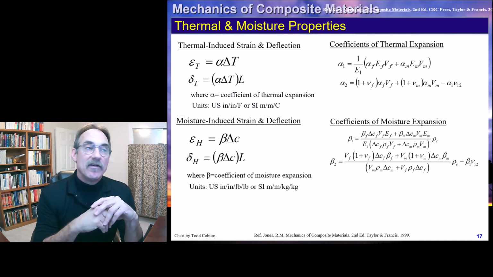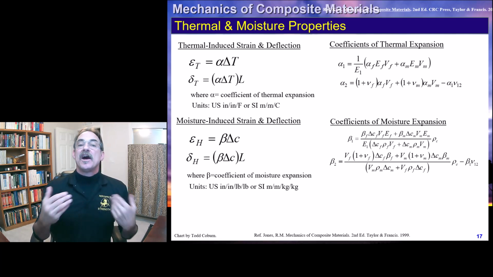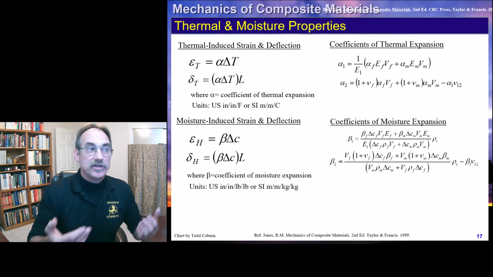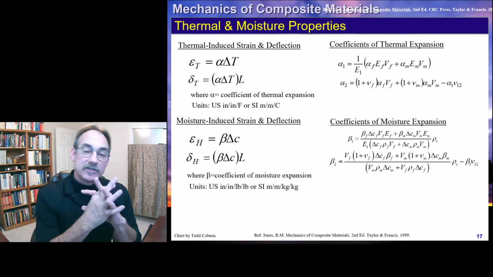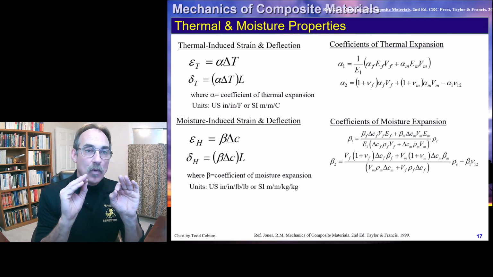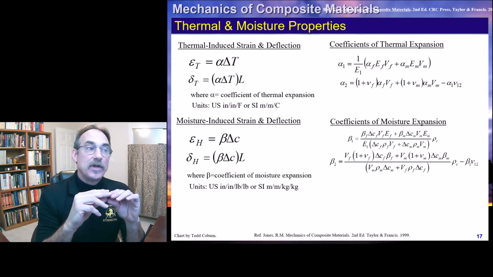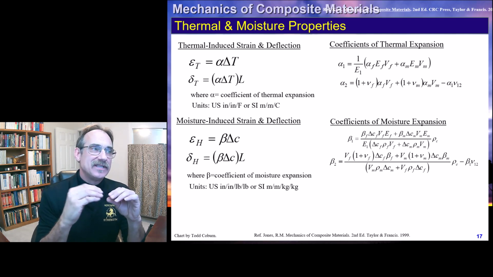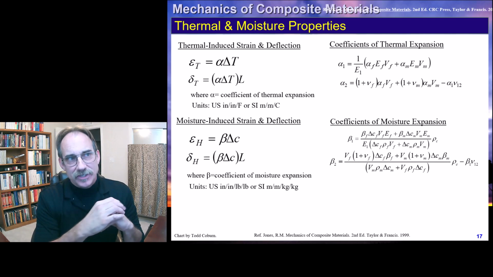We just grab the value at room temperature, and it's often close enough for government work to use for other temperatures. Not so much so with moisture. The coefficient of moisture expansion is a function of the moisture content. So as the moisture content changes, those coefficients are changing.